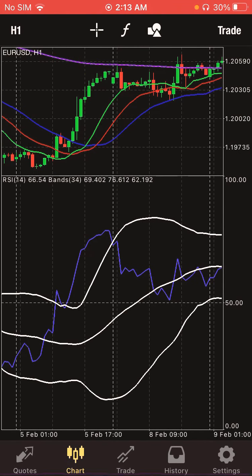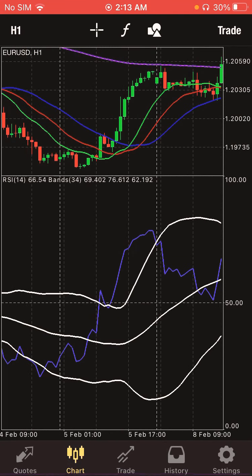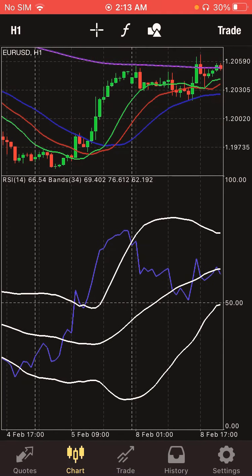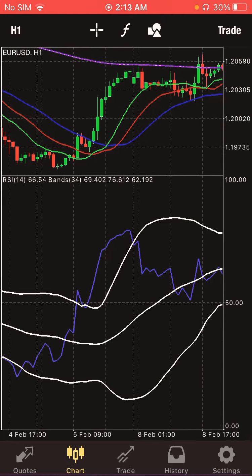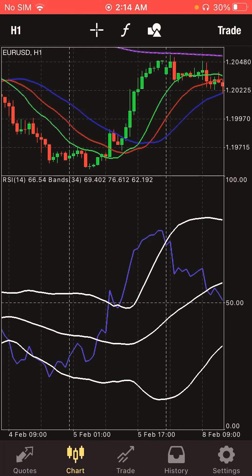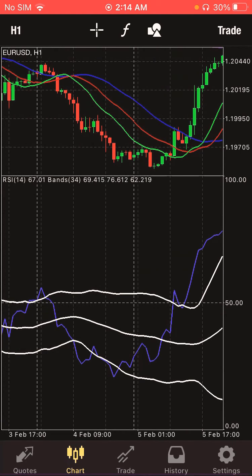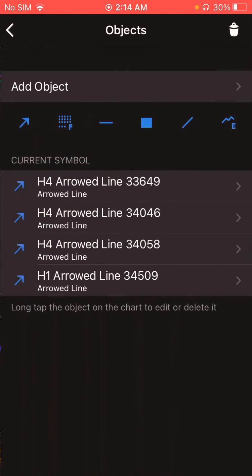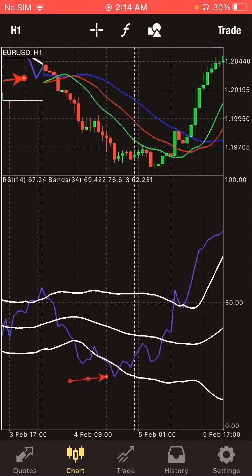So this top white line and the middle line, right? We knew that price was kind of coming up from this shark fin down here. Price made a shark fin down there, right? And we shot up.